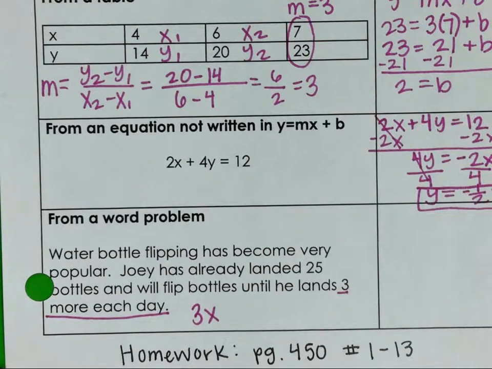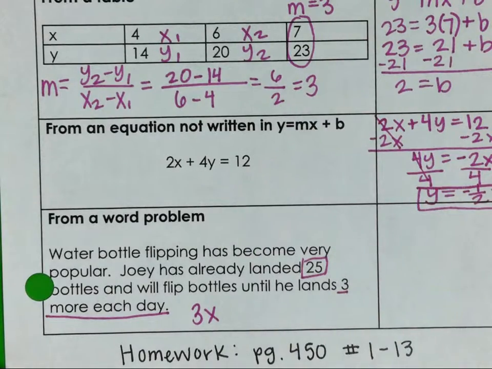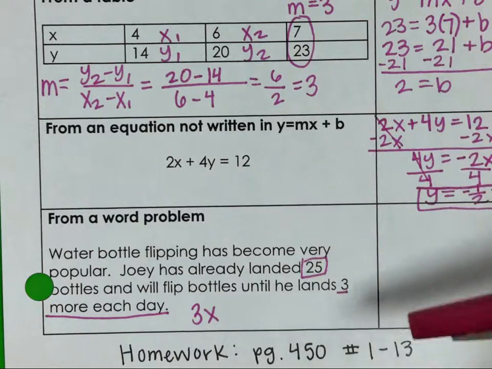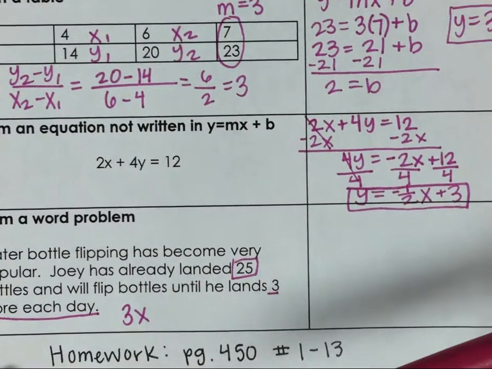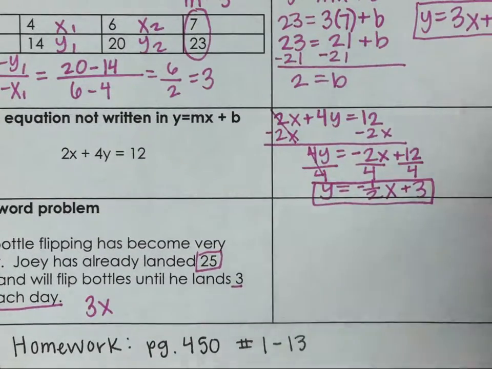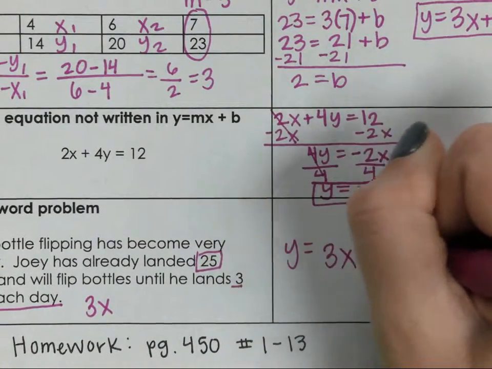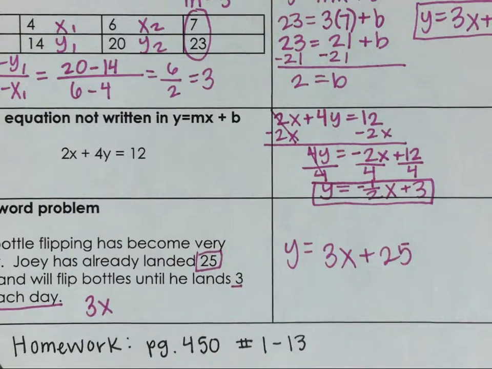And then I know that he has already landed 25. So using those 2 pieces of information, how do you think I can write an equation in slope-intercept form? Mari. Yep. Easy as that. Y equals 3x plus 25. And that's all we got to do there.